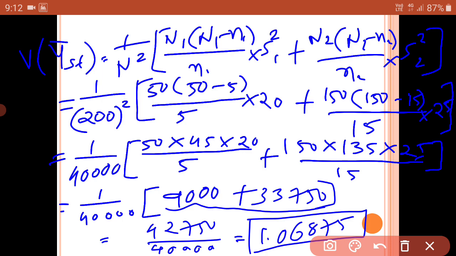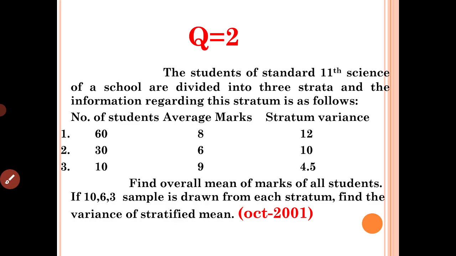Clear? Now the second question. The students of standard 11 science of a school are divided into 3 strata and the information regarding these strata is as follows: number of students, average marks, stratum variance.